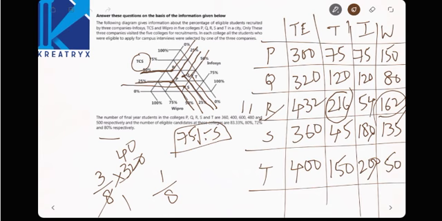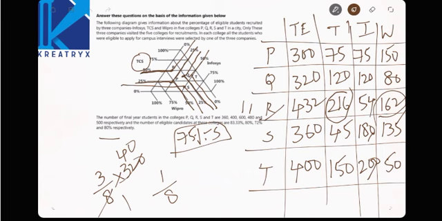Out of this 2340, how many were selected? 300 from P, 320 from Q, 432 from R, 360 from S, 400 from T. Total 1812 members were selected out of how many members? 2340.